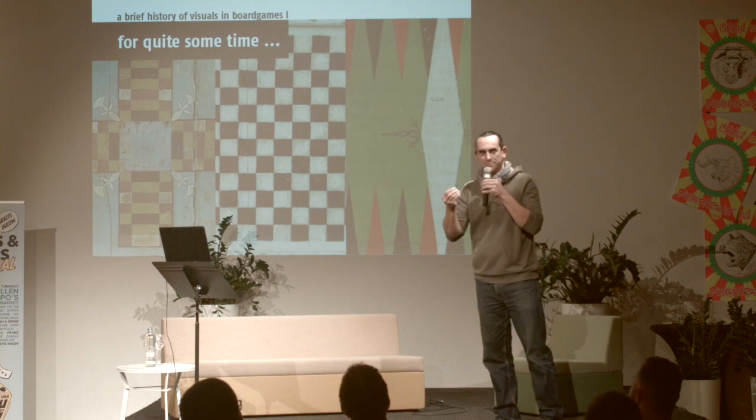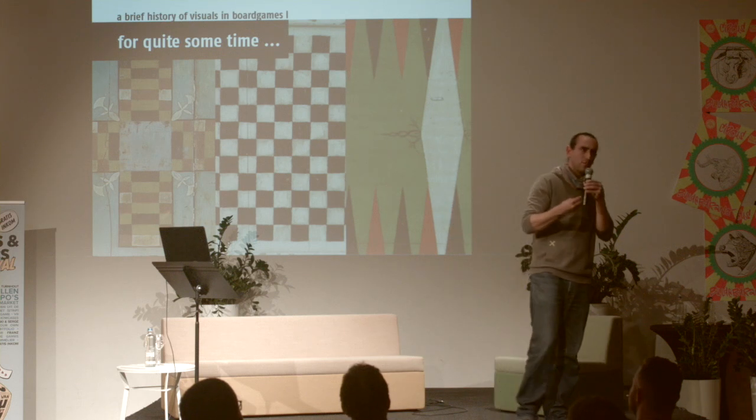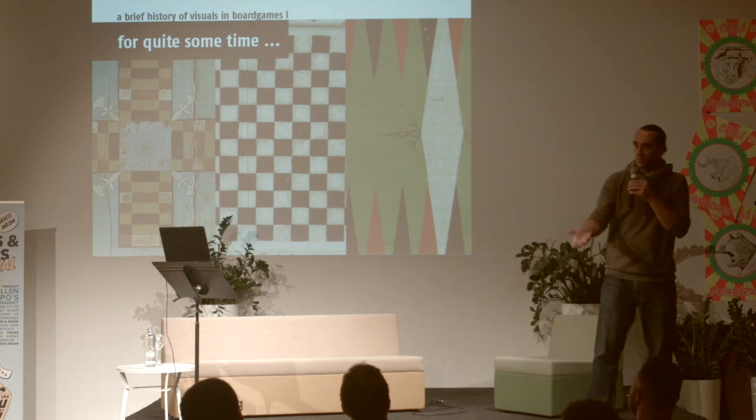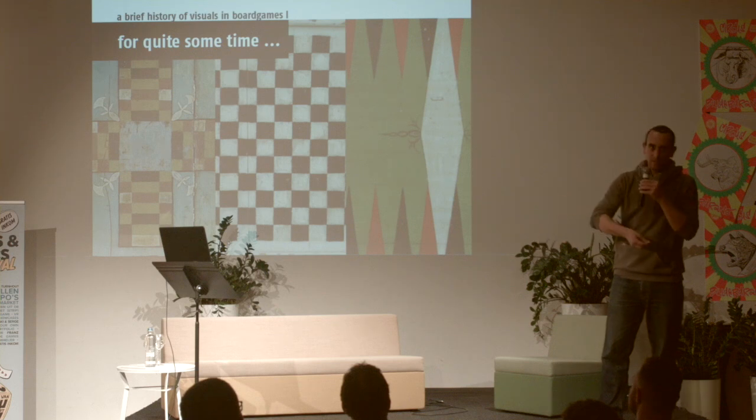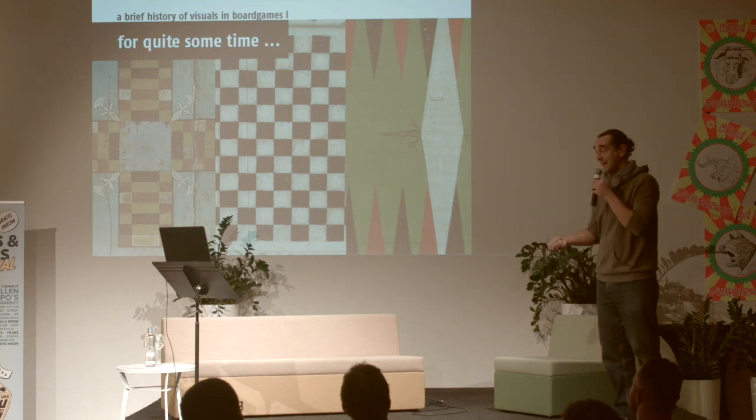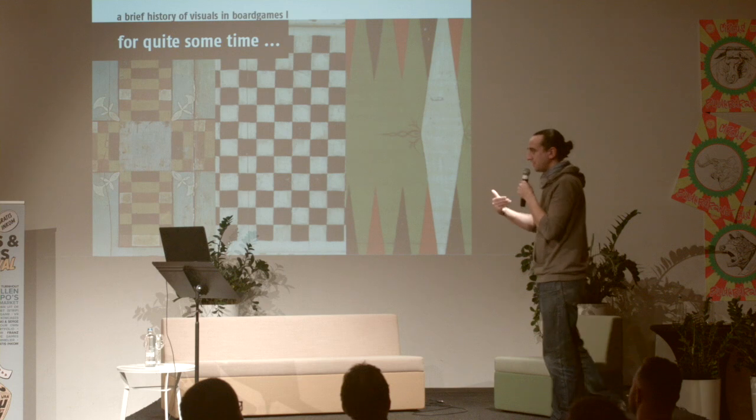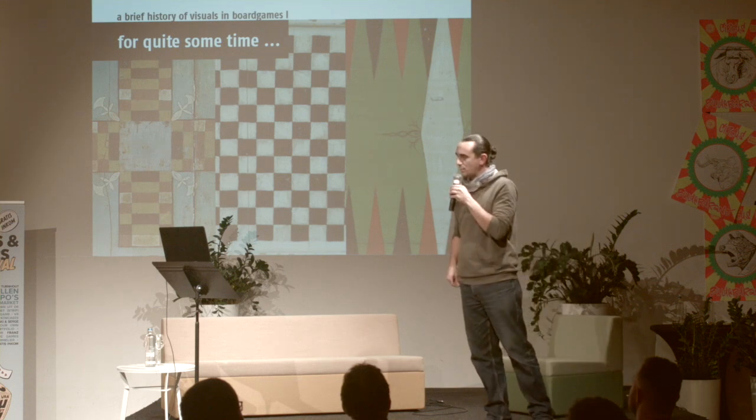But many games are quite simple in their structure, and the idea behind that is that they had to be easy to reproduce. If you want to play Mancala, you need a few holes in the sand, some beans or some stones, and you can play the game. So people had the chance to recreate those games in an easy way.